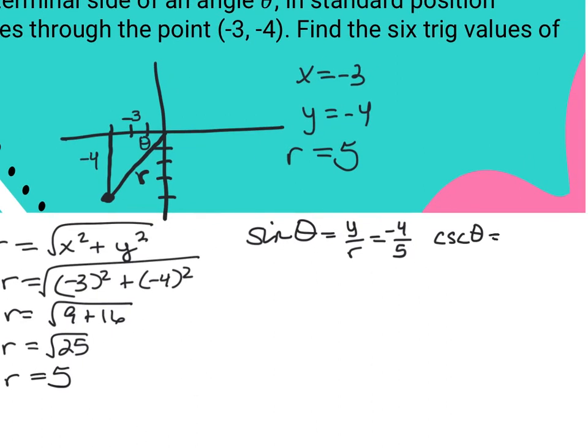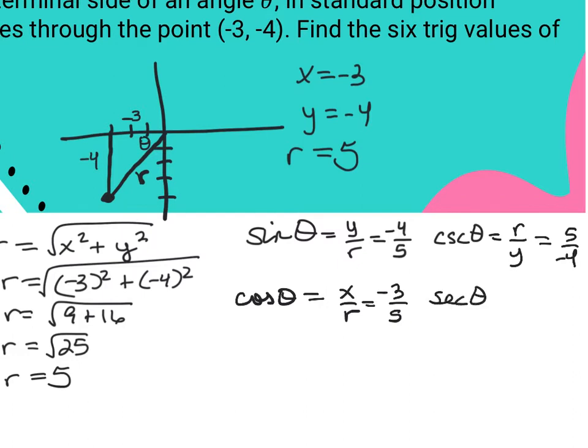Flip it upside down. 5 over -4. Cosine, that uses x. -3 over 5. Its reciprocal is secant. So 5 over -3.